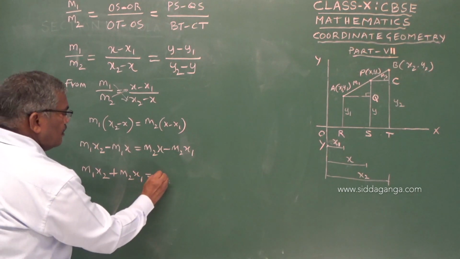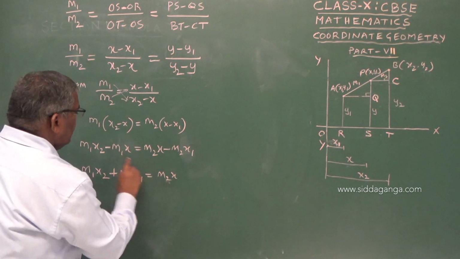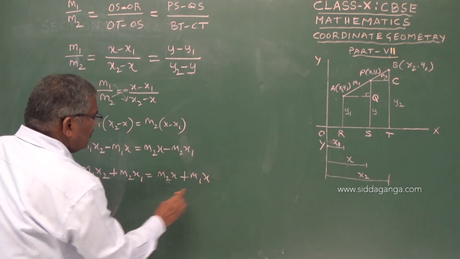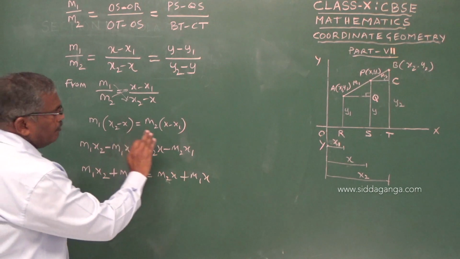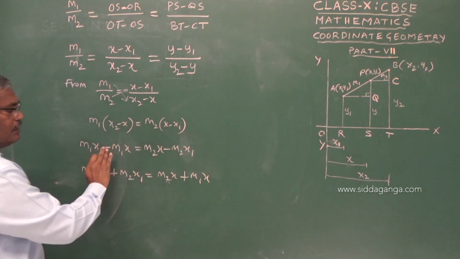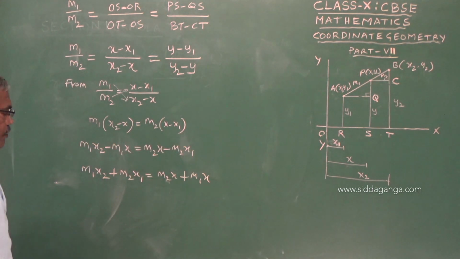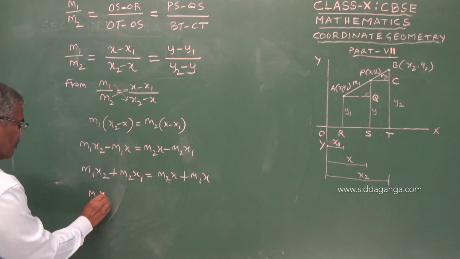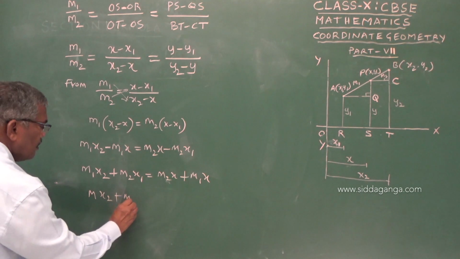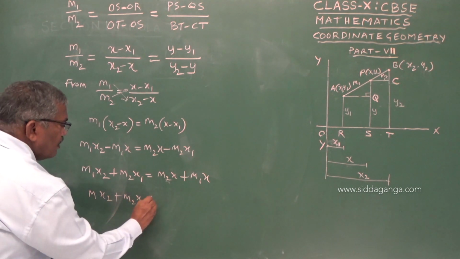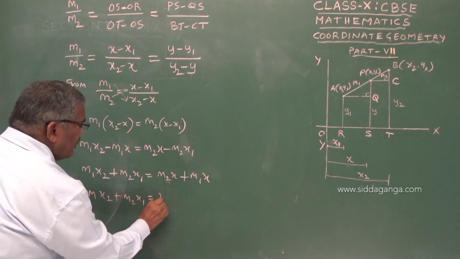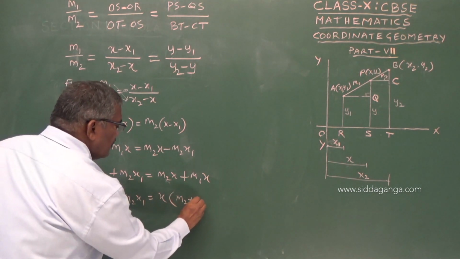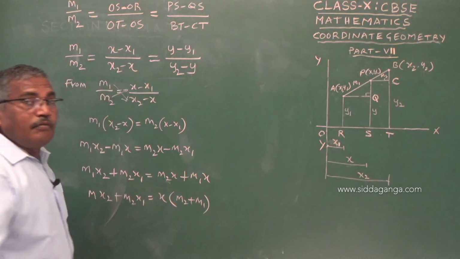This equals M2 x plus M1 x. This negative value I have taken this side, this negative value this side, so now all are positive. So M1 x2 plus M2 x1 equals, from these two you take x as common factor, M2 plus M1.